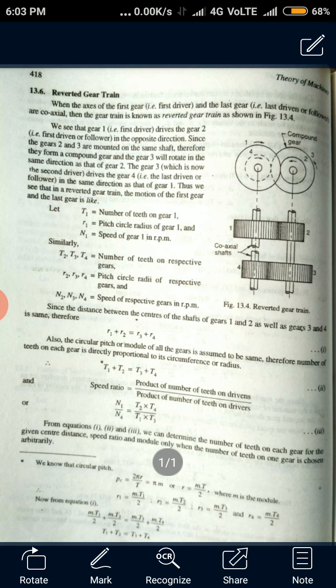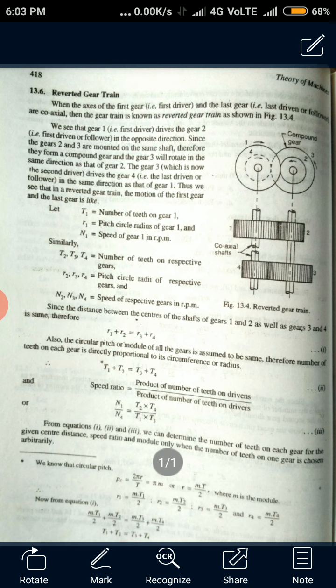That means the axis of the driver and the axis of the follower lie on the same line.